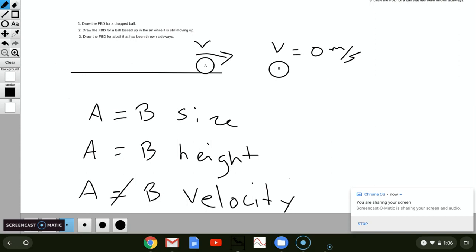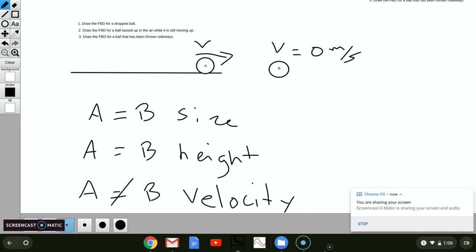B is being dropped from rest straight down. The question is this: if A rolls off the table the exact moment that B falls, so basically A rolls off the table and B falls simultaneously, which ball will hit the ground first?